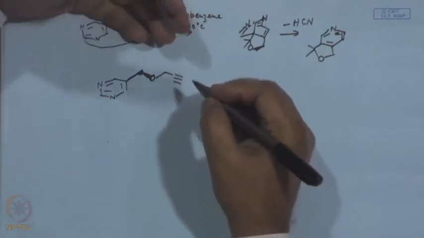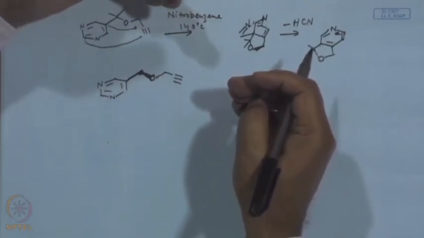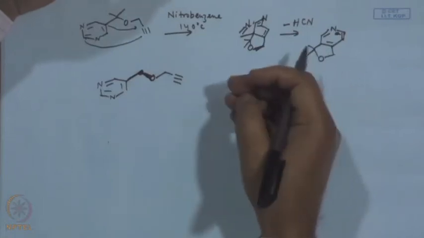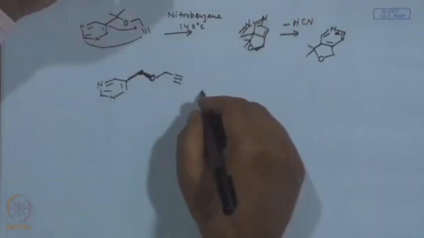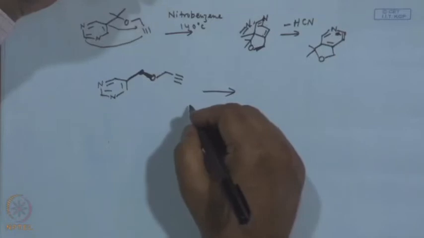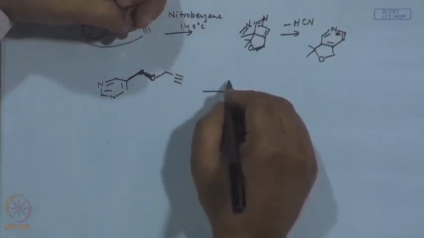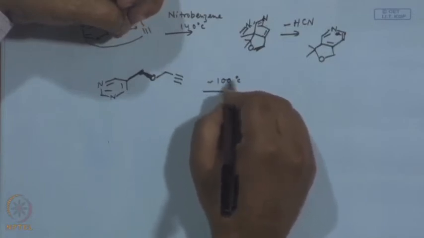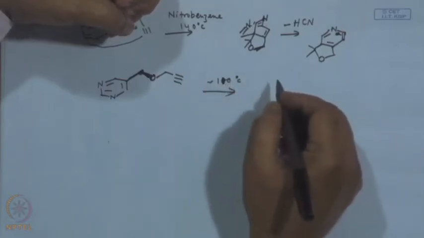But in this case, by putting the substituents within the molecule, making it an intramolecular version, you have increased the probability of the reaction. But then removing the methyl groups, the reactivity is decreased. So, what else can you do to increase the reactivity of the substrate, so that the reaction takes place at lower temperature, and in this particular case the reaction can be carried out at 110 degrees centigrade?